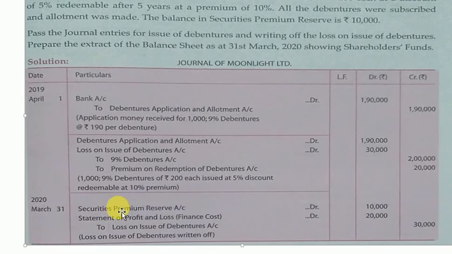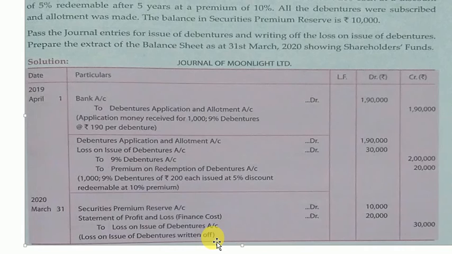So the general entry for this: securities premium reserve account debit, statement of profit and loss debit, to loss on issue of debentures account, that is 10,000, 20,000 and 30,000. So loss on issue of debentures written off.